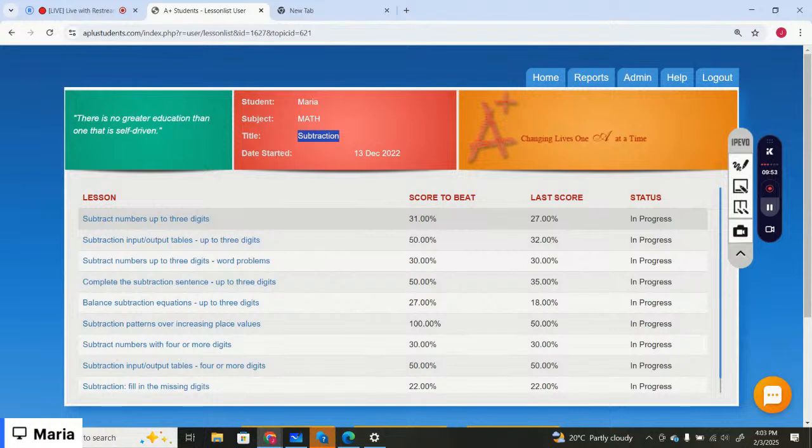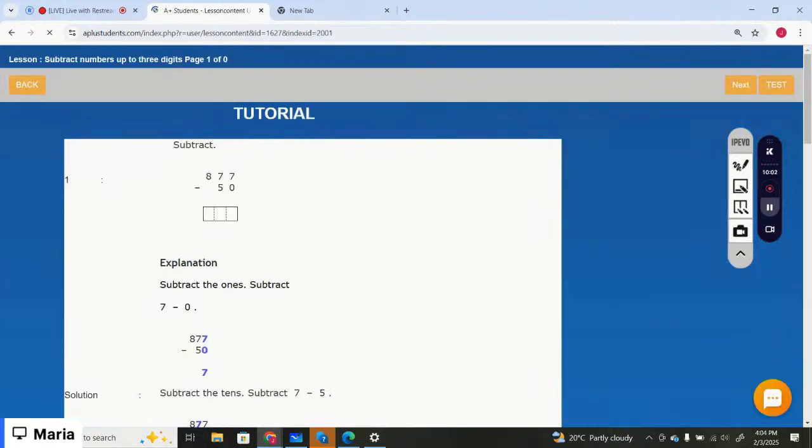Here I am on grade 3 math. Let's just start with the chapter subtraction. We're going to start with the lesson subtract numbers up to 3 digits. 877 take away 50.